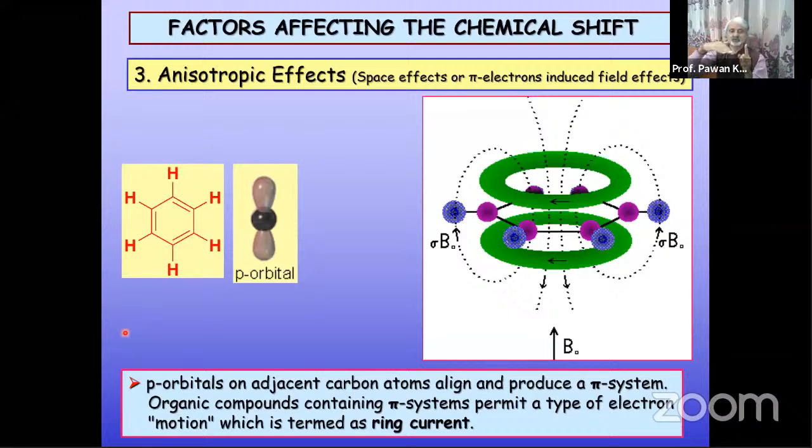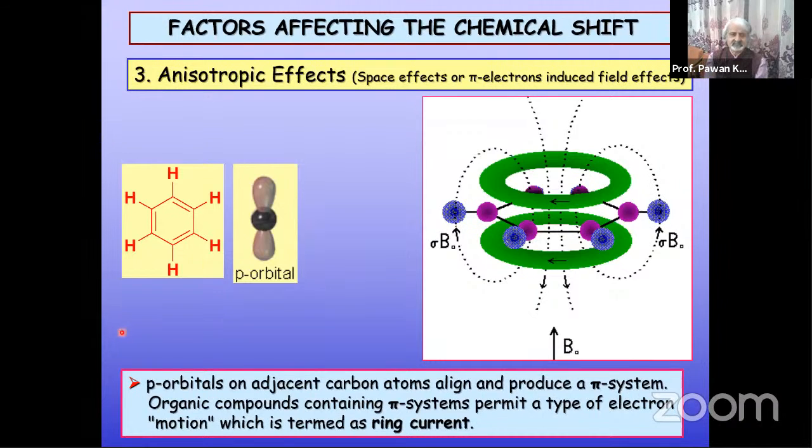So now we are having circulating electrons at the top as well as at the bottom. We call it as ring current. And what did I say? That if this is the ring of electrons which is circulating, so induced magnetic field would always be opposing in the middle. So that is why this is the direction from bottom to top of the applied magnetic field B0, but the induced magnetic field is opposing in the middle. So that is coming in the opposite direction.